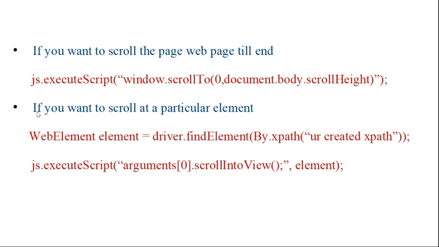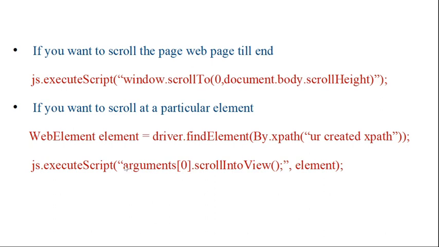So there is another way. If you want to scroll to a particular element, right? If you know that the element is located in the middle of the page and you want to scroll till there, you can use this way. How can you use this? WebElement equals to driver dot find element, the locator which you created, and then with the help of the JS you can use execute script arguments[0] dot scroll into view.